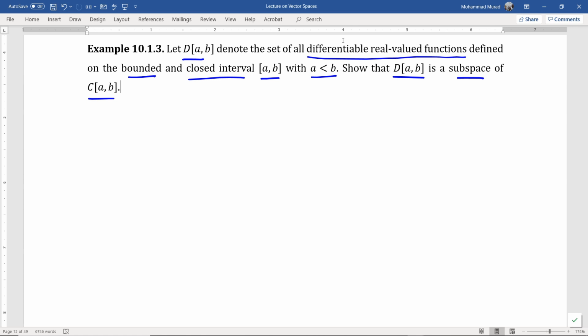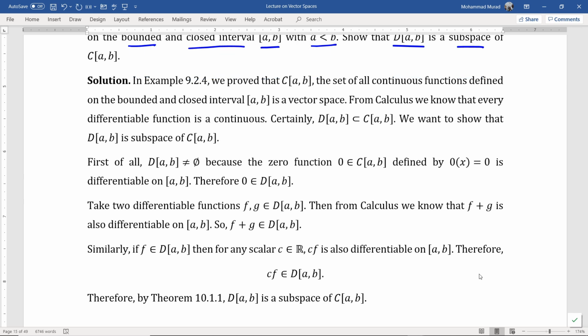Recall that C is a set of all continuous functions defined on the bounded and closed interval a to b. Let's see the proof. In example 9.2.4, we proved that the set C is a vector space.